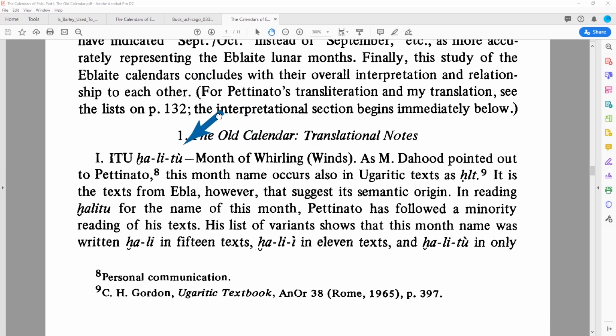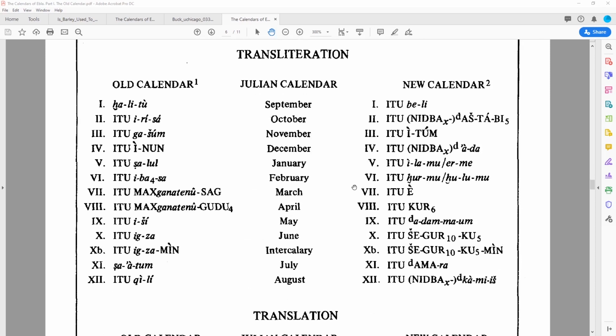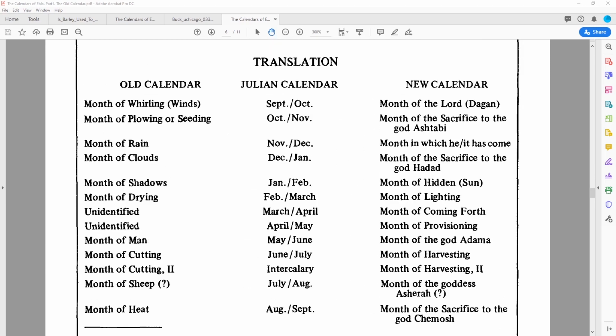You see here the month of whirling winds that I was talking about. Here's a transliteration and a translation. So let's look at a few of these month names. The month of whirling winds. This is the new calendar, which I mentioned. They changed the names of the months. Seems like they were named in a very biblical fashion to begin with, and that they turned more idolatrous in the new calendar here.